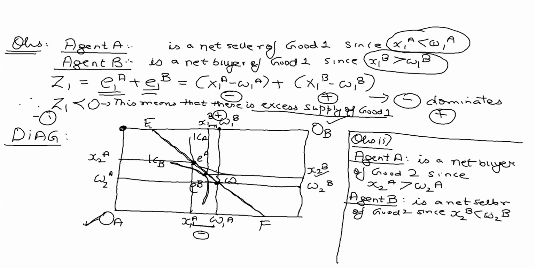Okay, now I can define Z2. What is Z2? Aggregate excess demand for good 2. It will be equal to E2A plus E2B. E2A is X2A minus omega 2A, plus E2B is X2B minus omega 2B.